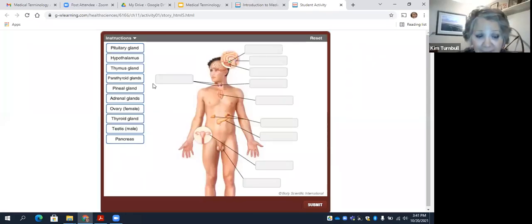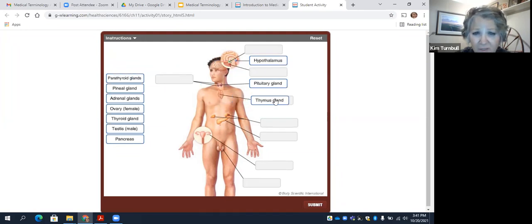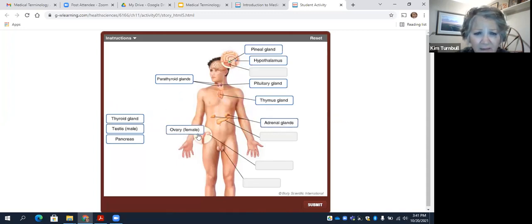Okay, and here's your labeling. We're going to see how we do with this. I'm not going to do all of it, and I'm guessing at things right now. I may be doing it wrong, but I'm just going to plug things in as we go. I'm not real sure about the brain. That shows how long I've been studying that.